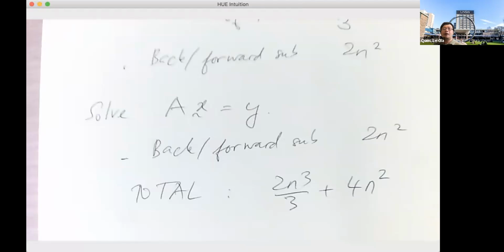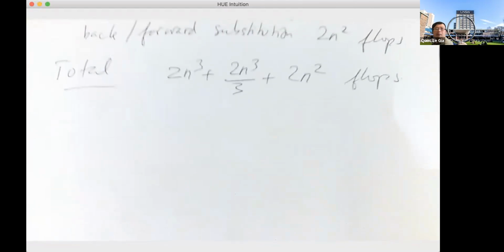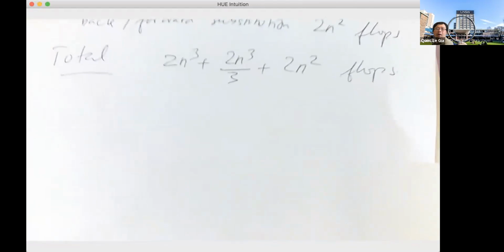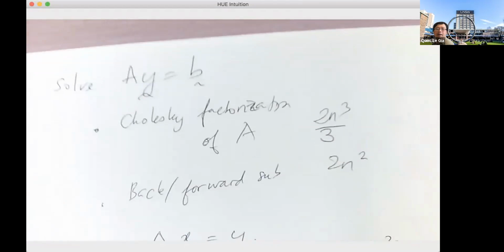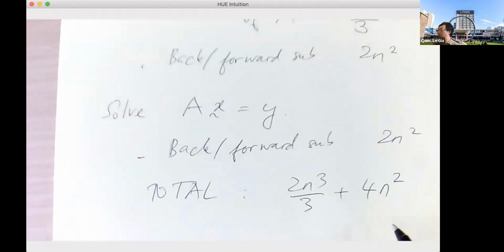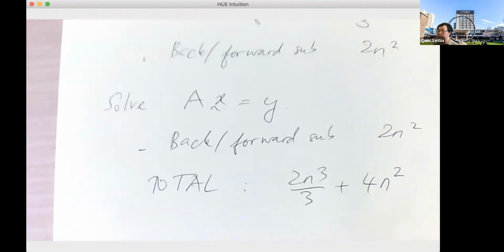Remember in the first method, you have 2n cubed plus n cubed over 3 plus 2n squared. And here you have n cubed over 3 plus 4n squared. Which one is more flops, the first or the second?